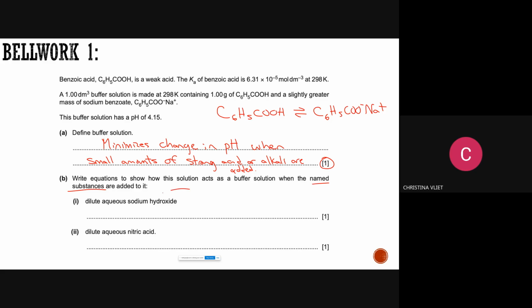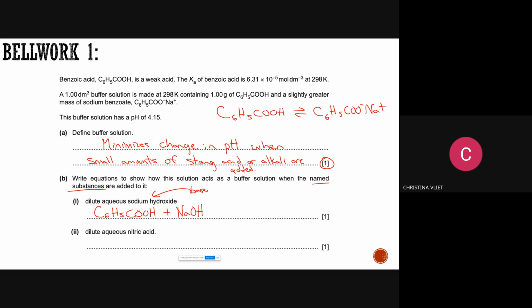So sodium hydroxide is a base, right? So what would it react with? The acid part of the buffer or the base part of the buffer? Bases react with acids. So it's going to be C6H5COOH plus NaOH.